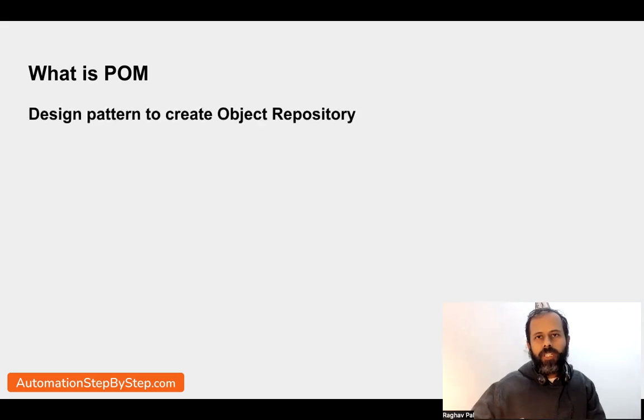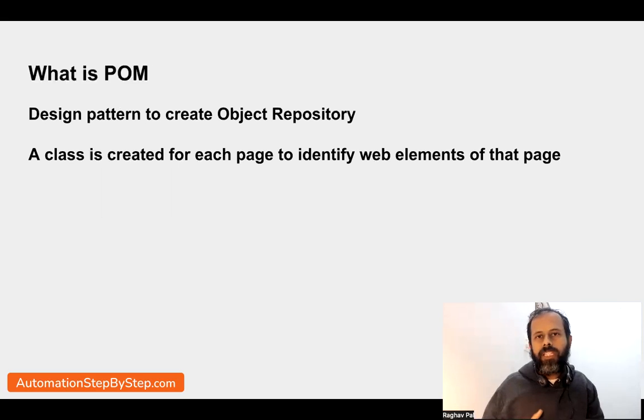Page object model is a design principle, and this principle says that we should keep our objects separate from our test scripts. And in page object model design, we create a class for every page of our application. For example, let's say we have a login page, we have a home page, we have a registration page, we have a products page.